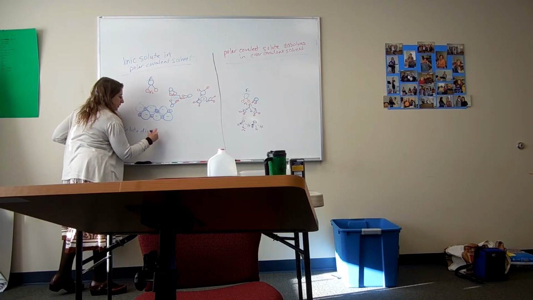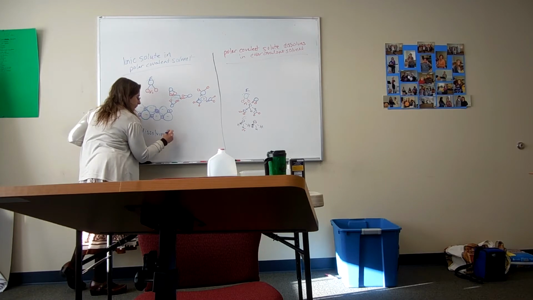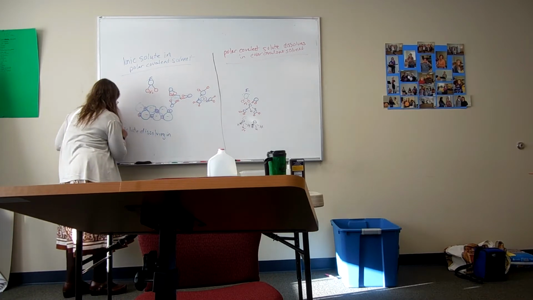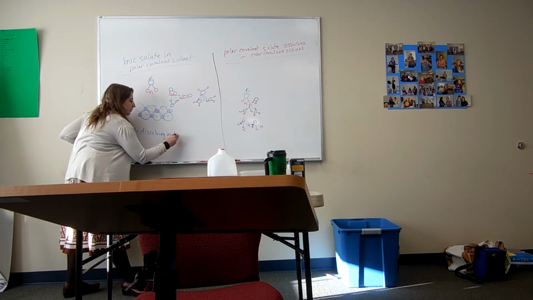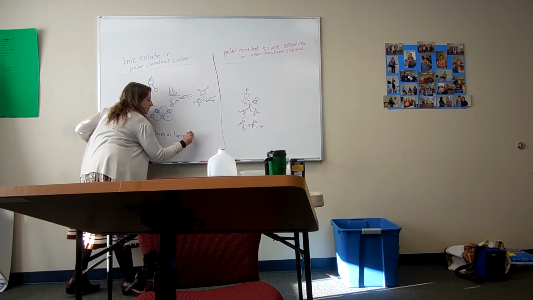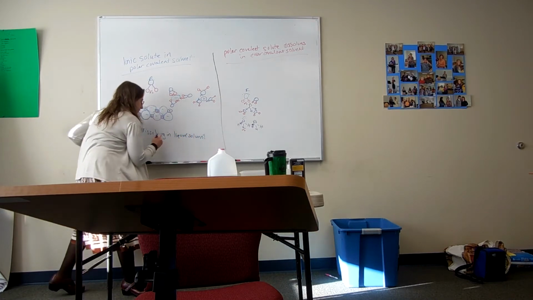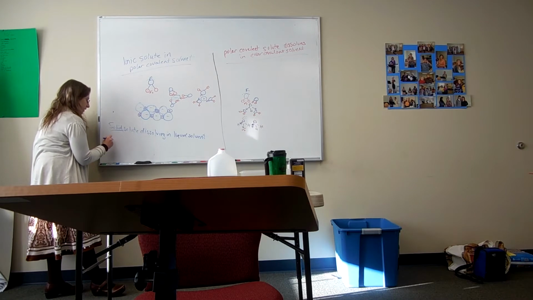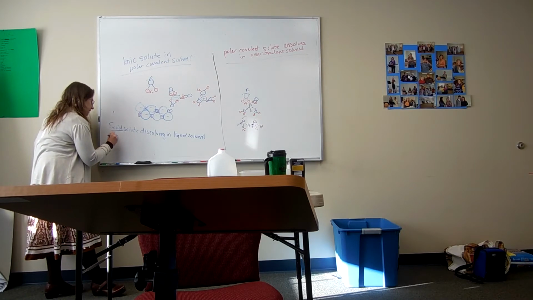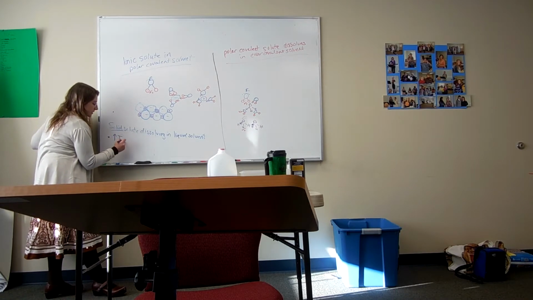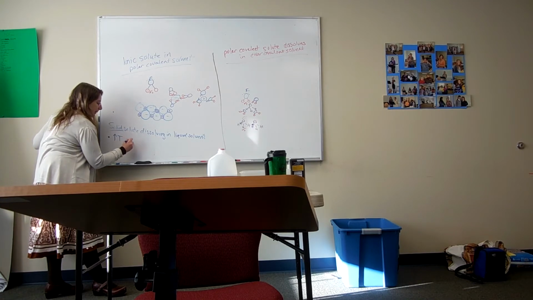So when we look at solubility, what are our rules for solids dissolving in liquids? So a solid solute dissolving in a liquid solvent. We just talked about this: if we increase temperature, what happens to solubility? Increases.